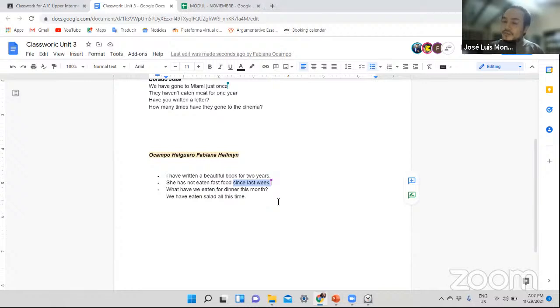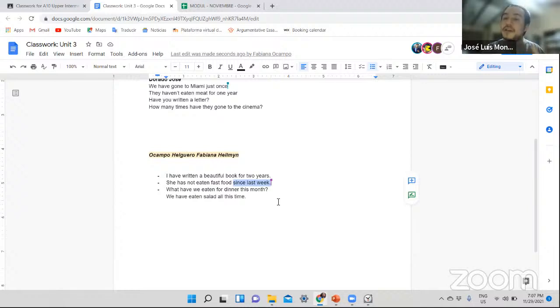Do we know if she started eating after that? We don't know. Do we know when this action finished? The fact that she has not been eating? We don't know. That's why it is unspecific, all right? But only if you use since, all right? Because it marks a starting point when something happened, but we don't know when it finished, all right?